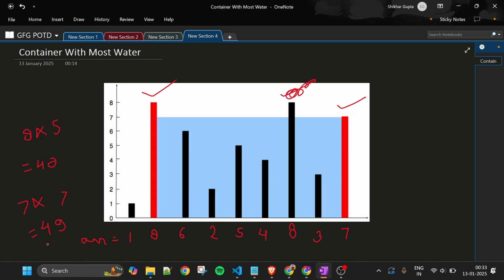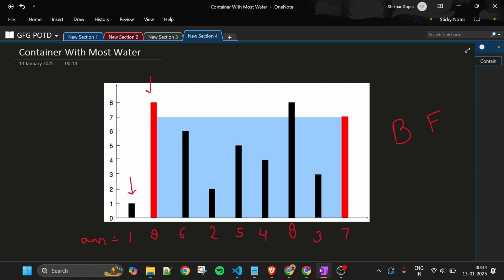Now, the question which is arising is how are we going to approach this problem? The first way which is coming to my mind is the brute force approach. I will take two nested for loops. The first one will be at i, and the other one, j, will start from i plus 1.